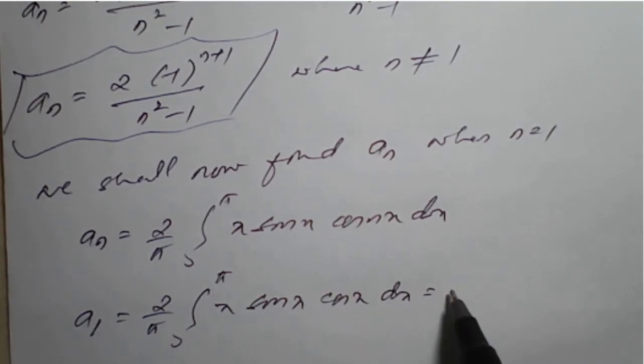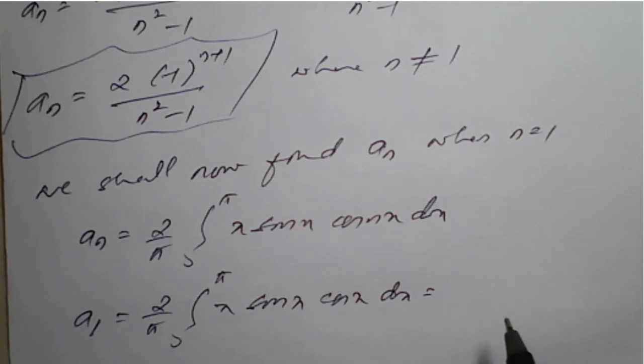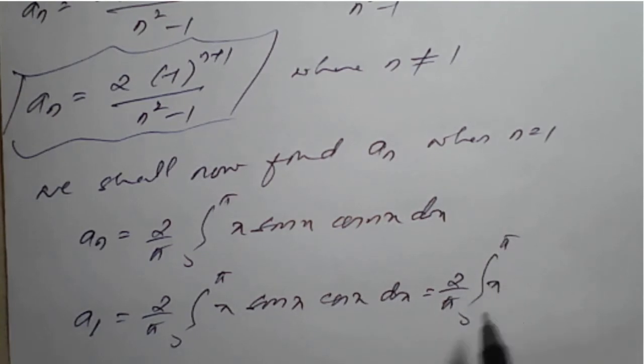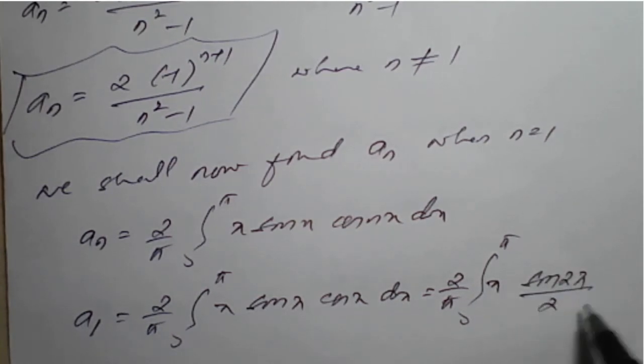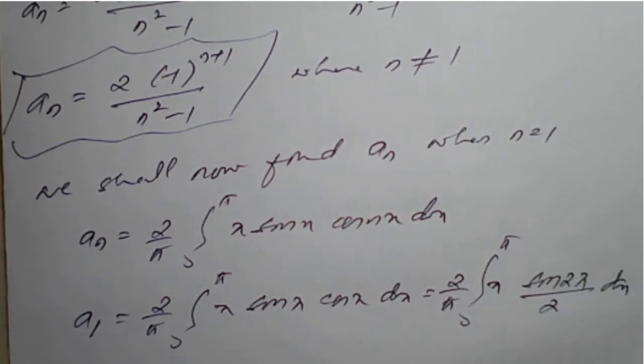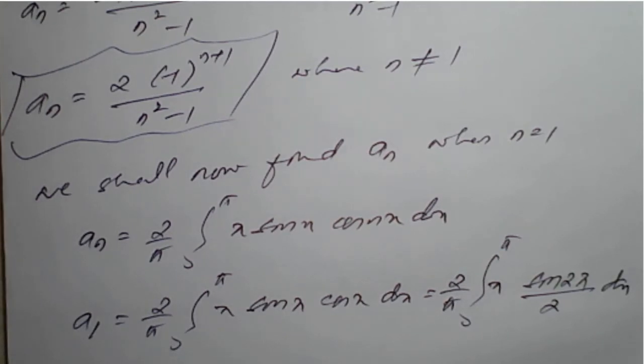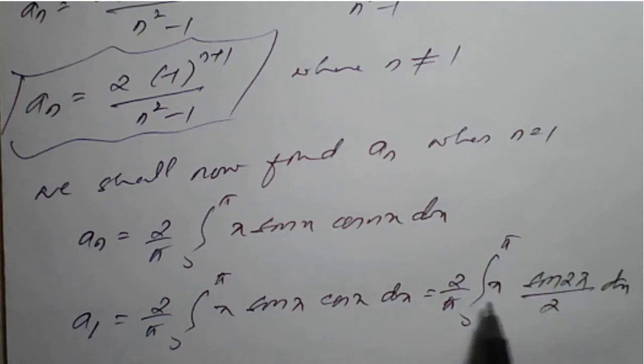So this 2 I will push inside, or else do one thing. So 2 upon pi, integral from 0 to pi of x into sine x cos x can be written as sine of 2x divided by 2, because we know that sine 2x is nothing but 2 times sine x into cos x. So sine x cos x is nothing but sine 2x upon 2.